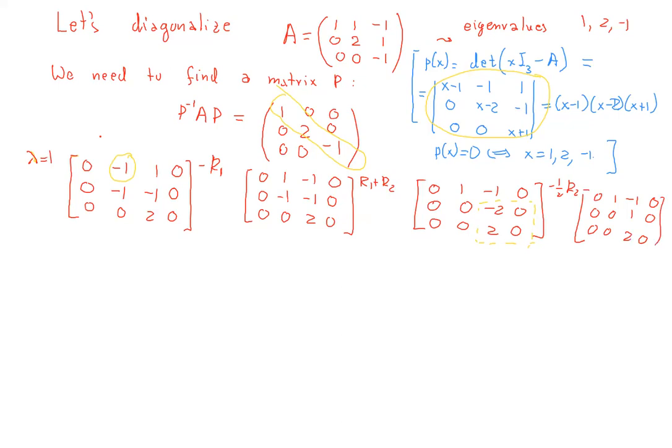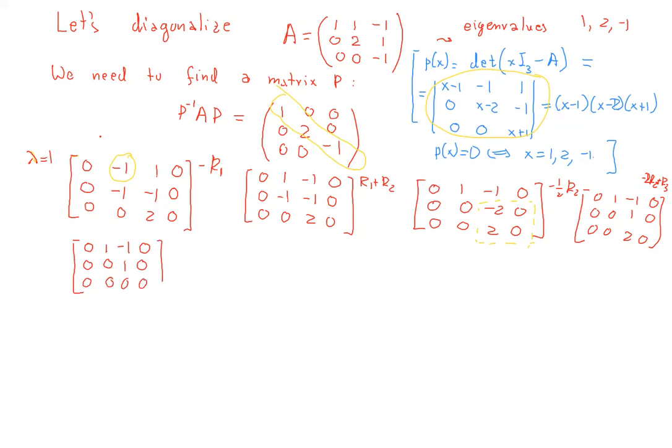You have your pivotal, and you can eliminate the entry below by doing negative 2 row 2 plus row 3. This finally brings our augmented matrix into row echelon form.